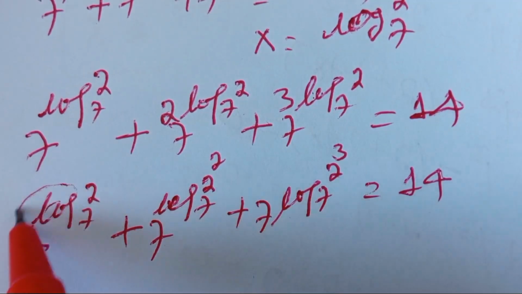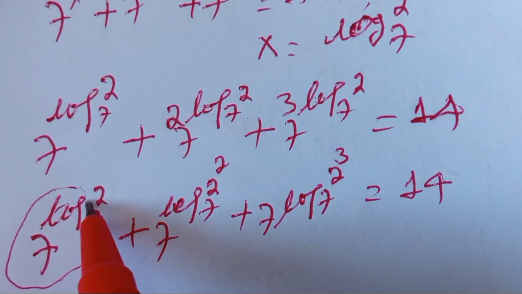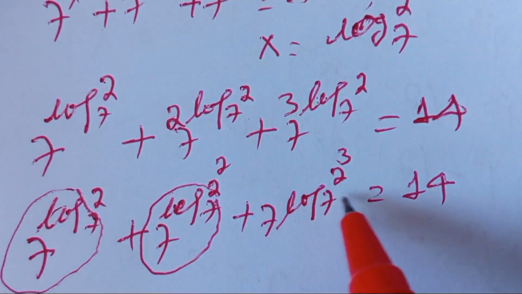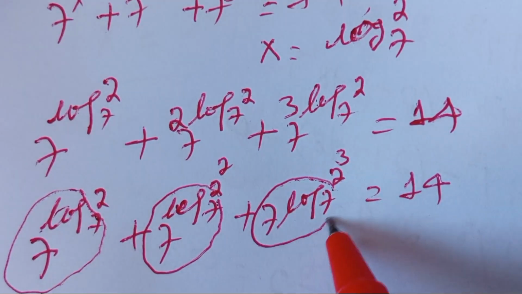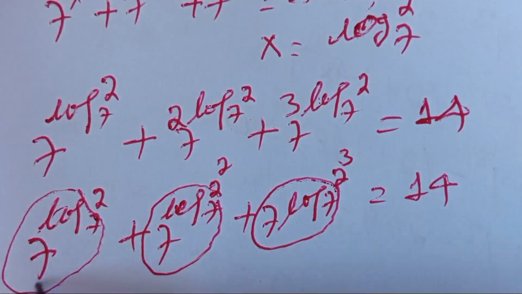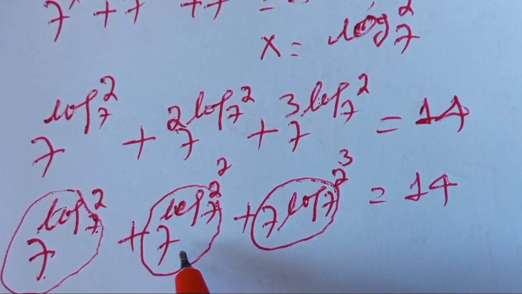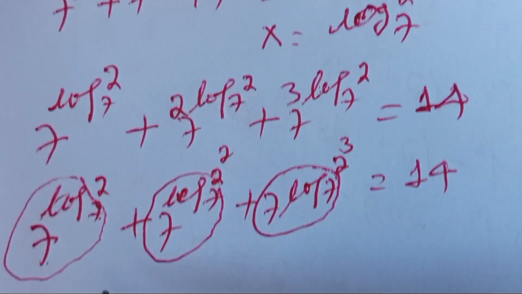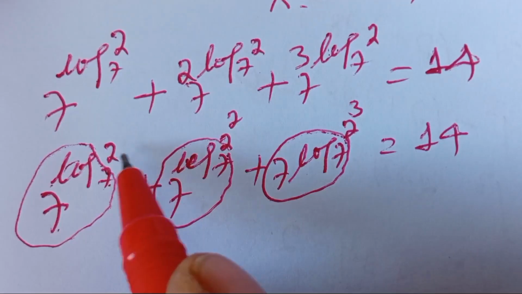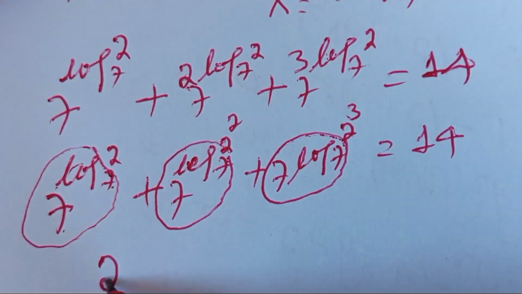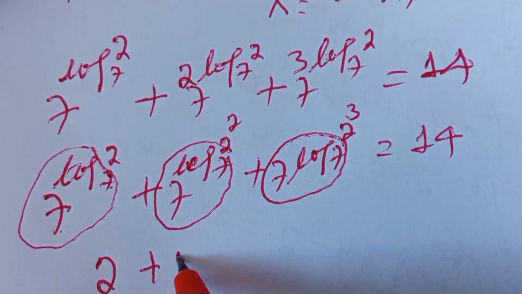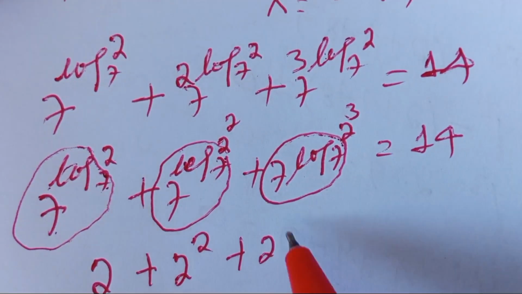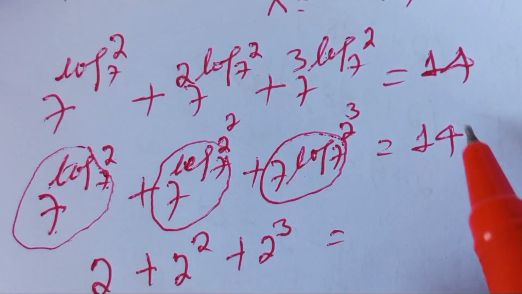So 7 to the power of log base 7 of 2 gives 2, plus this to the power of 2, plus this to the power of 3, which is equal to 14.